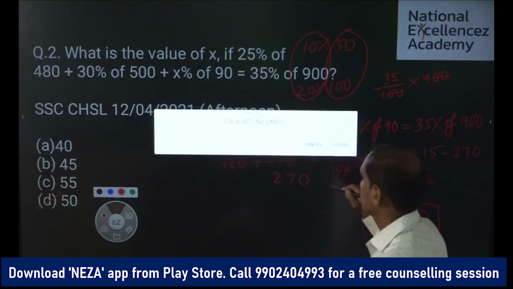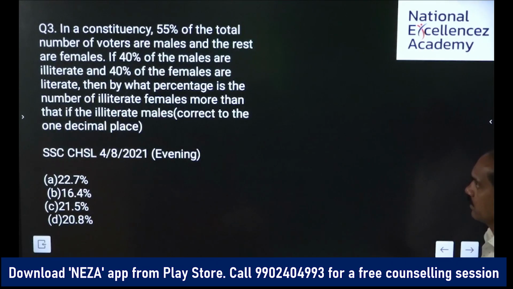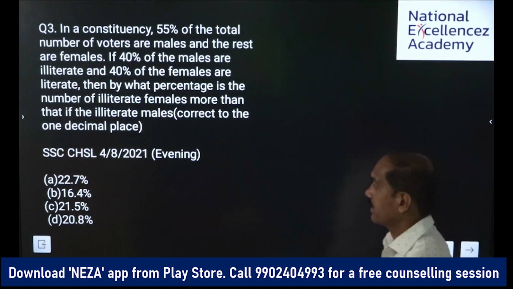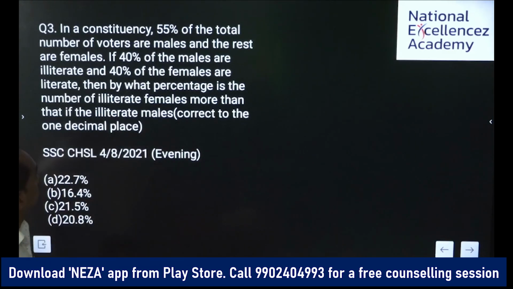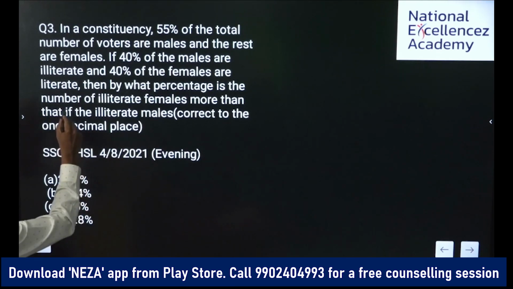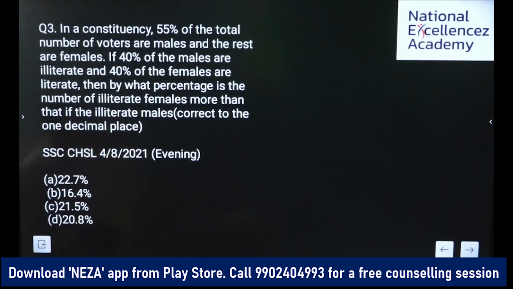Moving on to the next one. In a constituency, 55% of the total number of voters are males and the rest are females. If 40% of the males are illiterate and 40% of the females are literate, then by what percentage is the number of illiterate females more than that of the illiterate males?